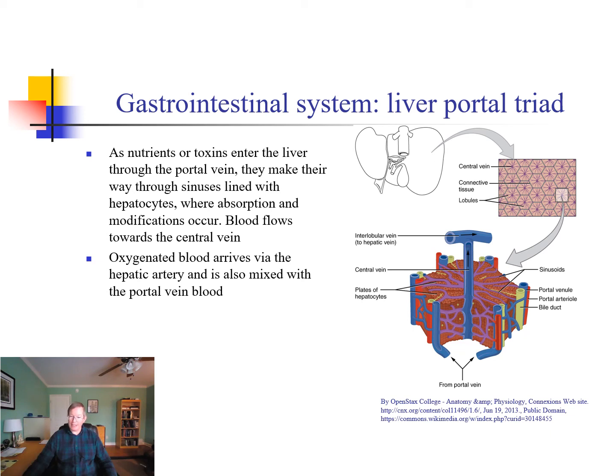And I have these sinusoidal cellular areas where I have the hepatocytes, or the liver cells, and they're mixing and meandering down through until they get to what's called the central vein, which eventually then ends up forming a large vein, which then goes back to the right atrium of the heart.